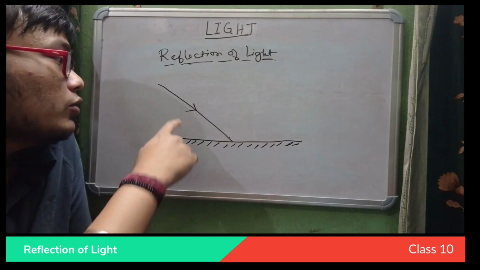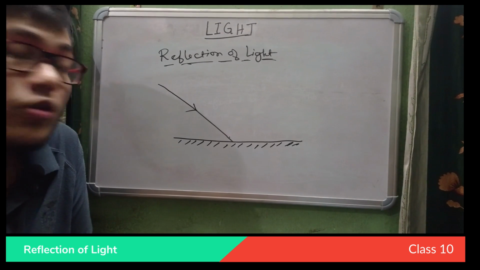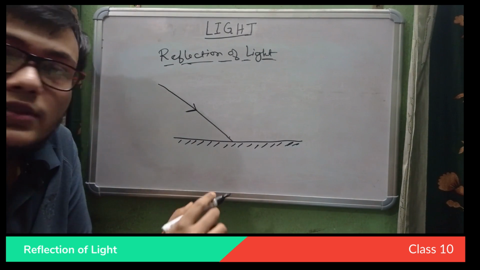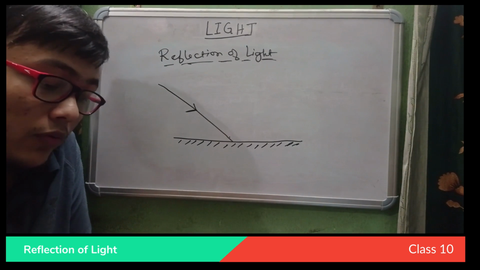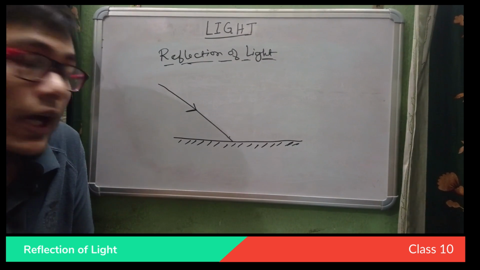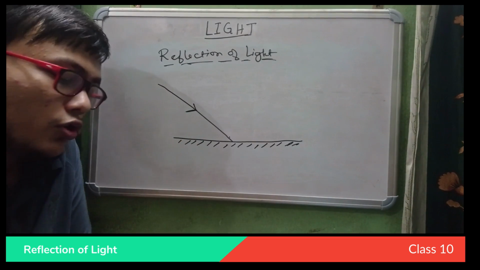Ray diagrams without any arrows are worthless because they are merely some lines drawn on paper. Because of this arrow, we get to know that this ray is traveling in this direction. If you miss the arrows, you will not get your marks in your exam. So you have to denote it by arrows.